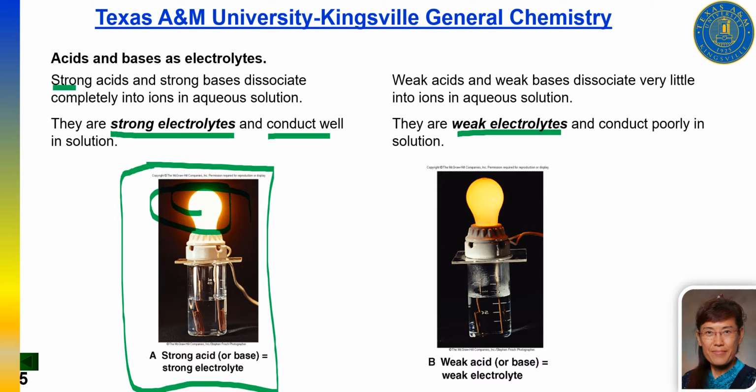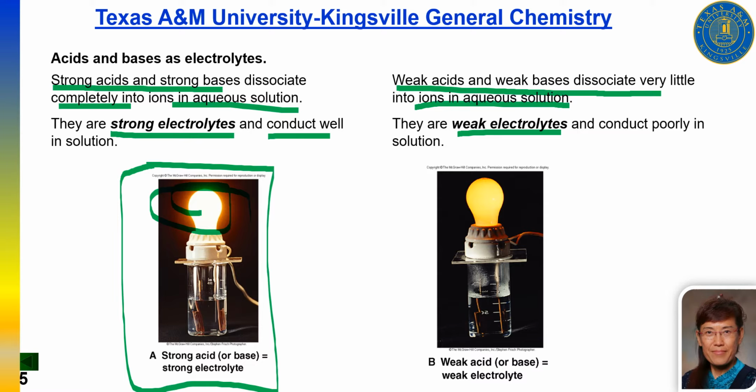Usually strong acid, strong base are strong electrolyte. They are going to be dissociated completely in an aqueous solution particularly. The weak acid and weak base, they partially dissociated in a very little, small portion into the cation ions and its conjugate base or conjugate acid in the aqueous solution.